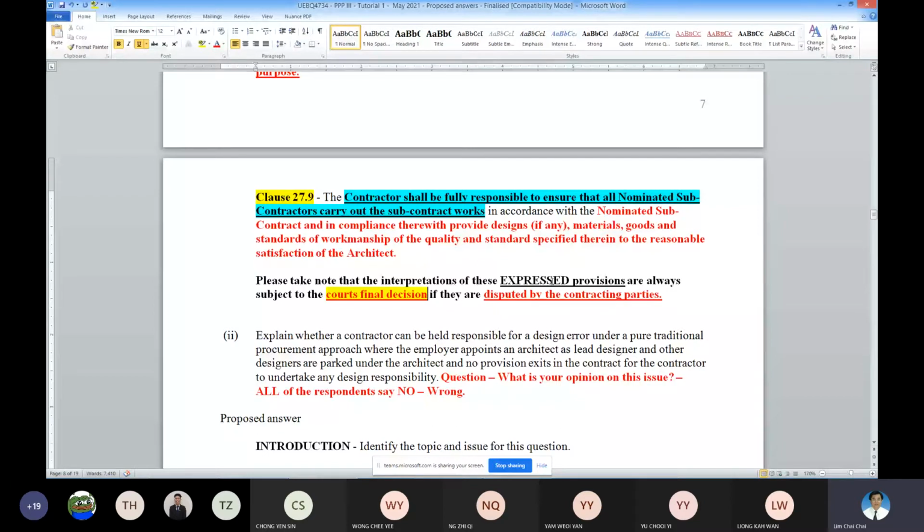I repeat, if there is no dispute among the contracting parties on the express provisions, whoever interprets it and there is no dispute, they are only temporarily correct. If someone in future were to dispute and bring it to court, the court's interpretation is the proper decision.